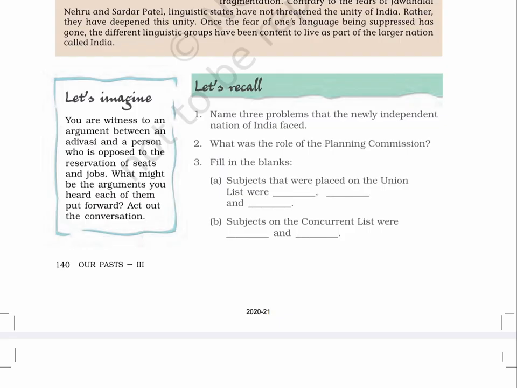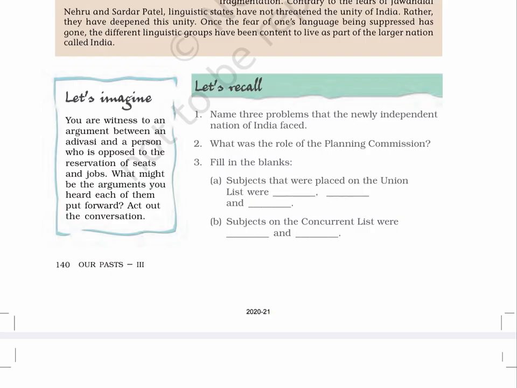Let's recall. 1. Name 3 problems that the newly independent nation of India faced. 2. What was the role of the Planning Commission? 3. Fill in the blanks. A. Subjects that were placed on the union list were dash, dash, and dash.